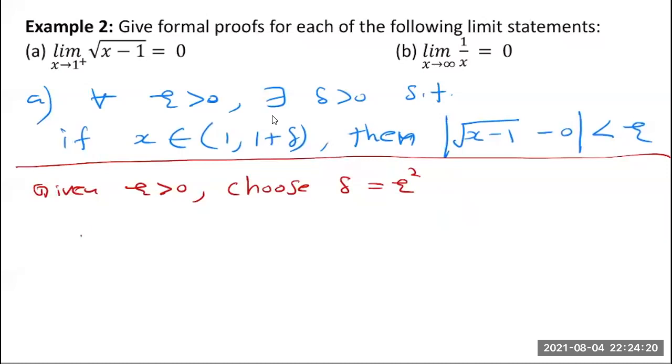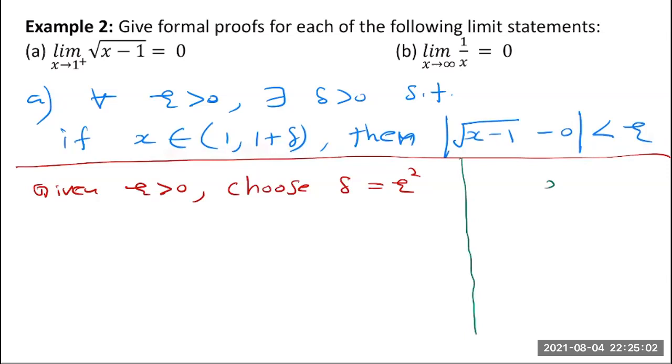Then let's compute this expression here. This inequality. All right, actually, before we compute that inequality, let's make some observations here. What do you mean by x is in this interval, 1 to 1 plus delta? That means, let me do some calculation on the side.